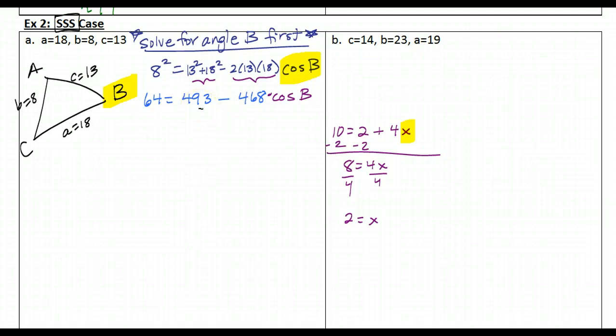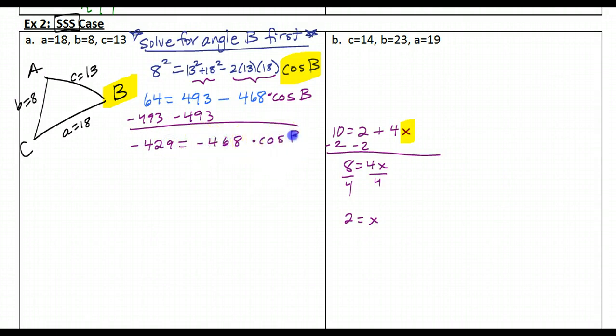And that means in order to solve my equation, I have to subtract off 493. So I get 64 subtract 493 is negative 429. And then I have to divide both sides by negative 468. And negative 429 divided by negative 468 is 0.916 approximately.